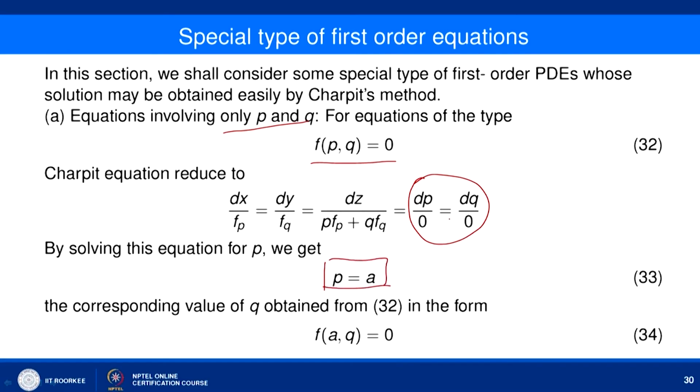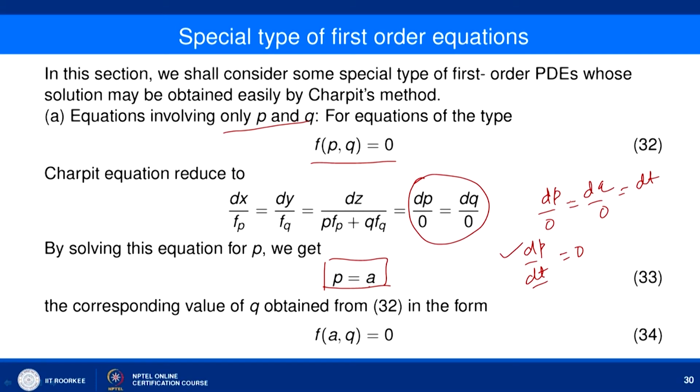In fact, if you look at dp upon 0, it means that if we take this as some parameter, say dt, then this simply says that dp by dt is equal to 0. So it means that p is constant with respect to any parameter. So we say that p is equal to a. That is what it means, dp by 0.